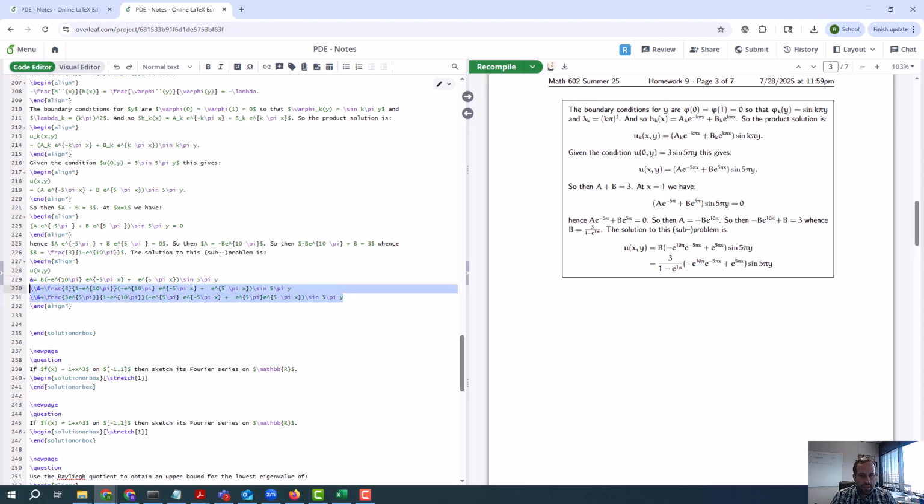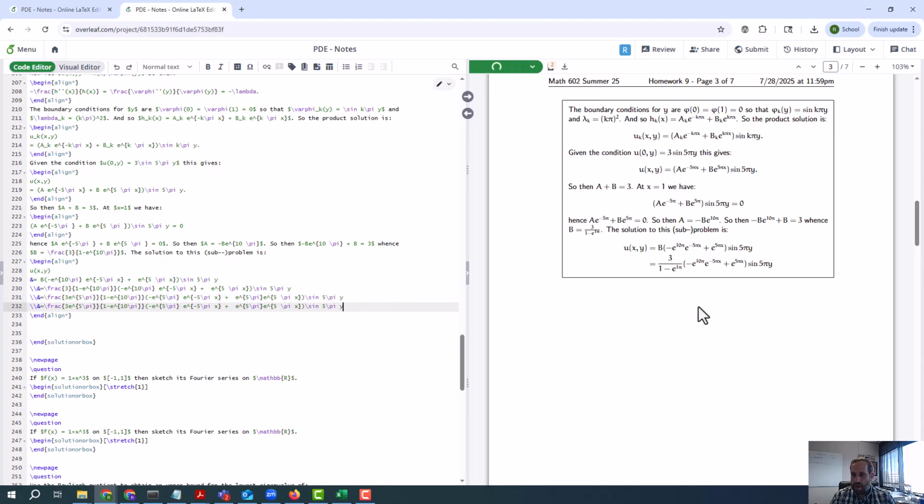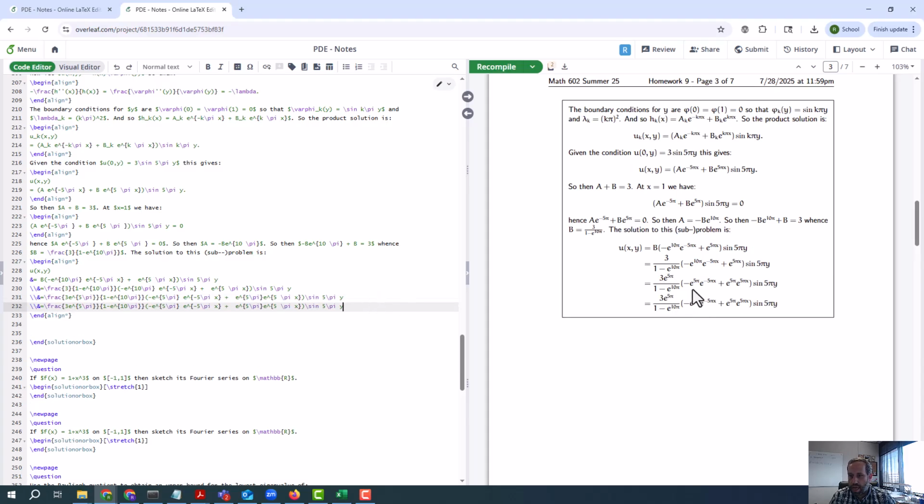Okay, so let's see how that looks. Okay, I factored out a 5 pi. Now I'm going to combine these in the exponent. So I've got 5 pi minus 5 pi x. So it's going to be 5 pi minus 5 pi x, and that one is going to go away. And then, oh, this is a minus 5 pi, not a 5 pi.